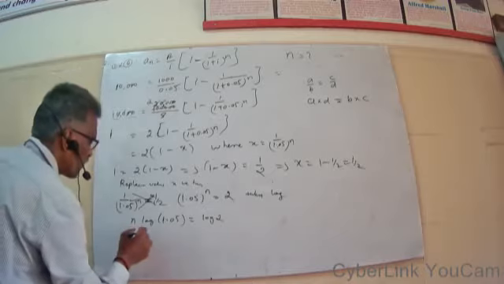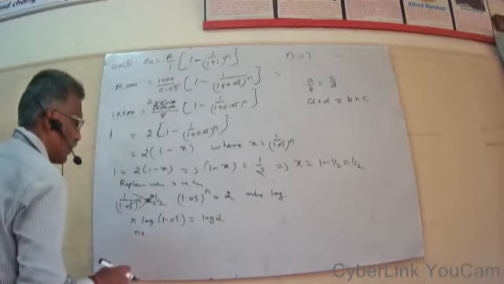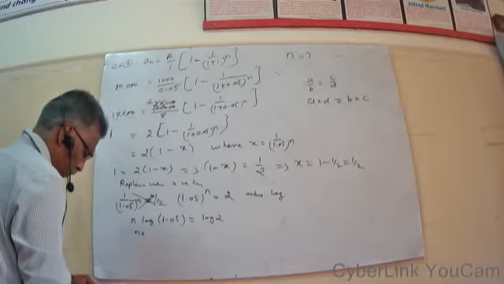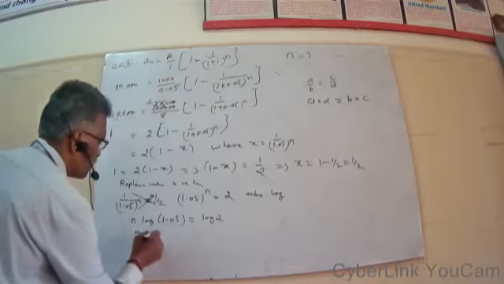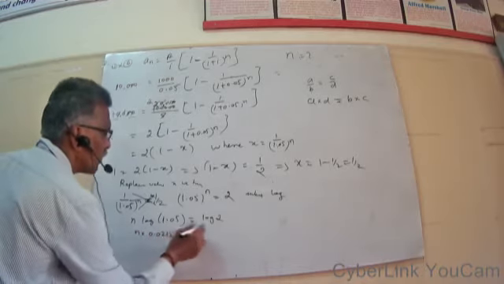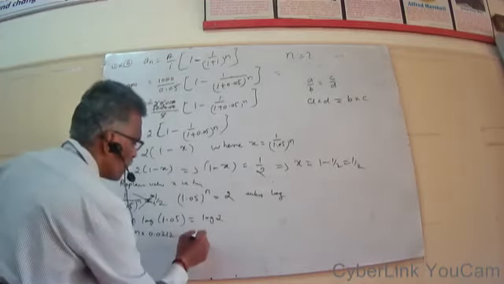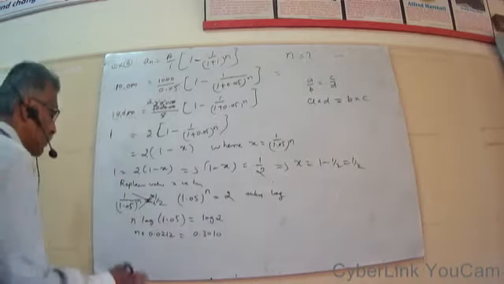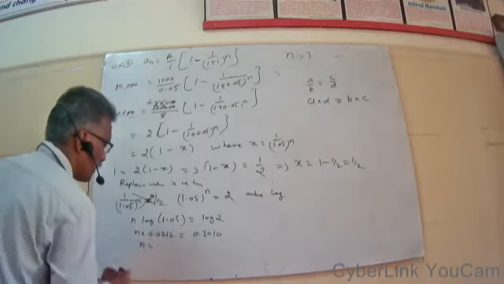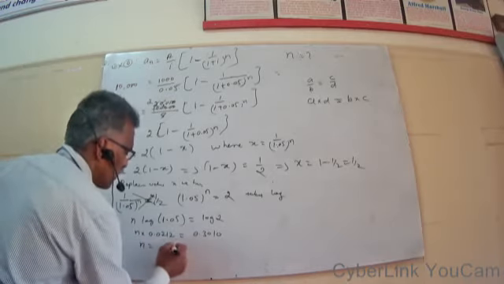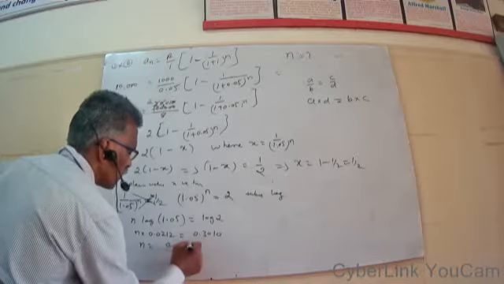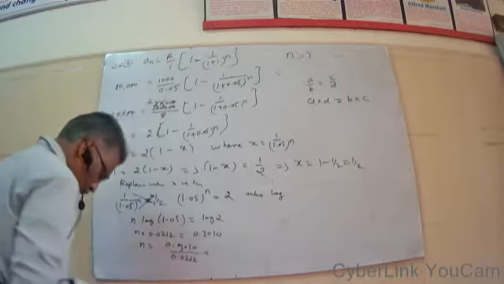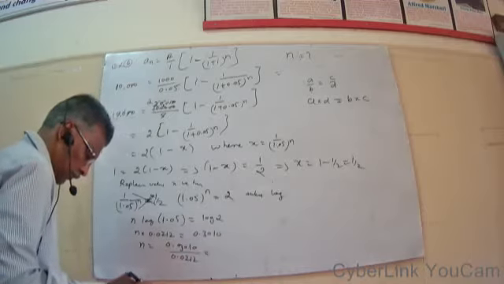Log of 1.05 is 0.0212, and log of 2 is 0.3010. So n equal to 0.3010 divided by 0.0212, that is equal to 14.19.